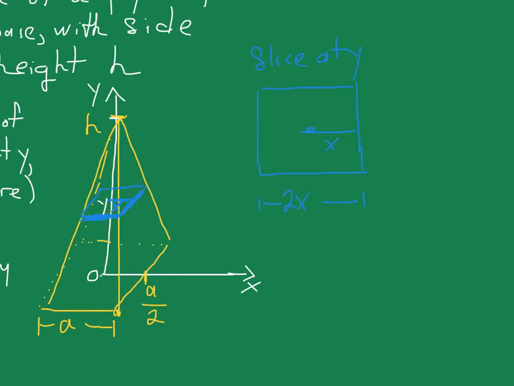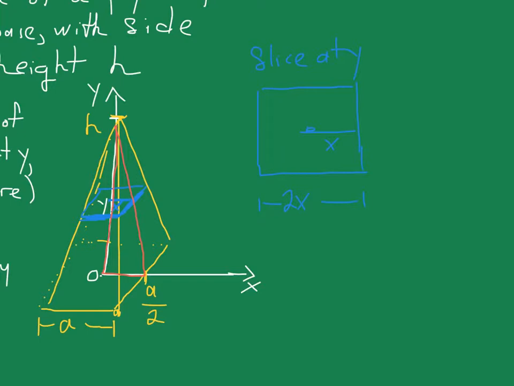So we'd end up with a triangle like this. Let me draw that on. I'll draw it in red. So, like so. And we have this triangle right here.